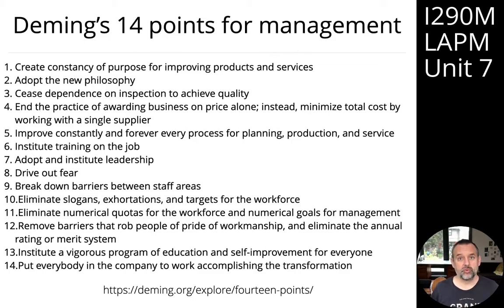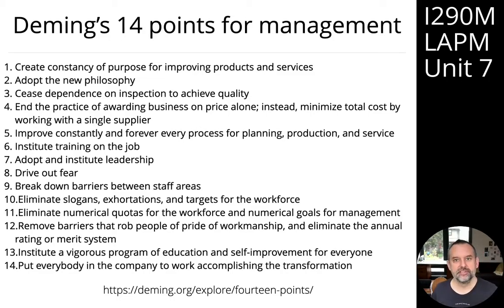So this practice of awarding contracts based on lowest cost is still very prevalent today. It's prevalent in procurement, and it prevents you developing relationships with your suppliers and achieving win-win solutions. Very, very common still.